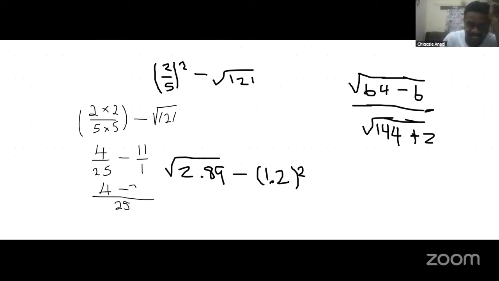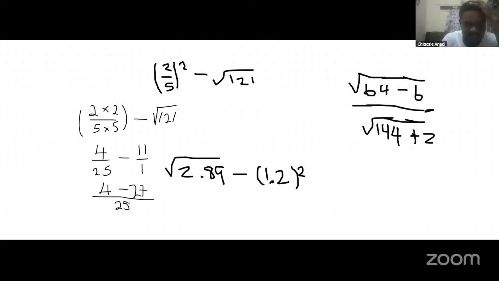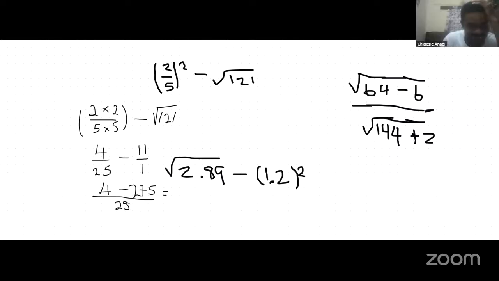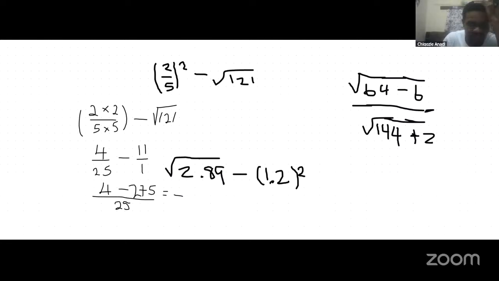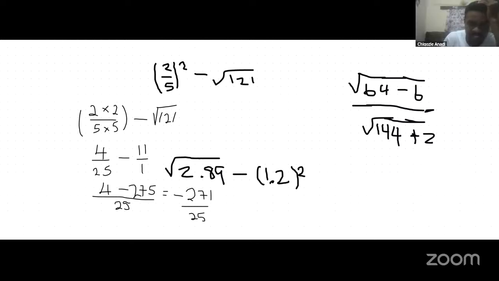Now, what is 4 minus 275? 271. This will be minus, a negative 271, all over 25. So this is an improper fraction, right? We can either change it to a decimal or change it to a mixed fraction. If we change it to a decimal, what will be our answer?